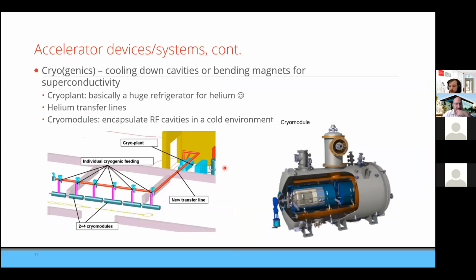Okay, and I was talking about superconductivity a bit before, and why do you need superconductivity? In the case of synchrotrons, I already said that to achieve such high power, so the magnets can bend the particles, you need superconductive magnets, and this is achieved for some materials close to 0 kelvins.